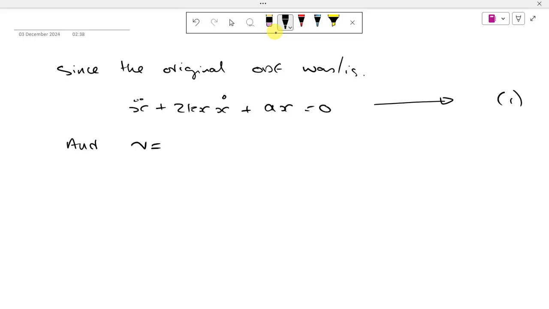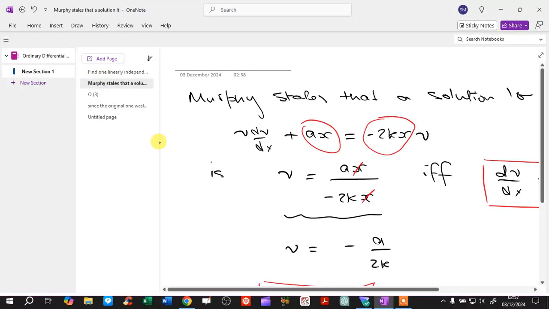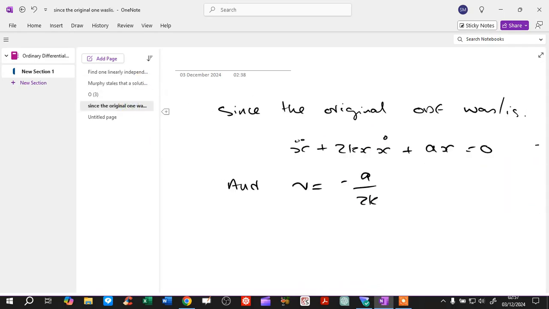So v is equal to, what did I say, minus a over 2k, right? Yeah, I think I've done that right. Just let me double check. Let's just go back to this. So v equals minus a over 2k.